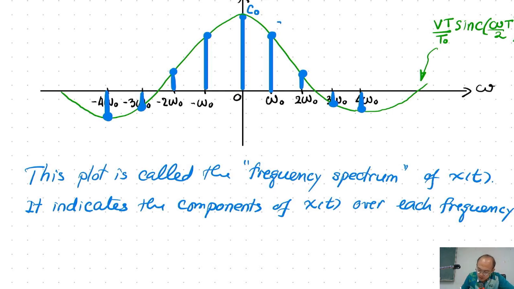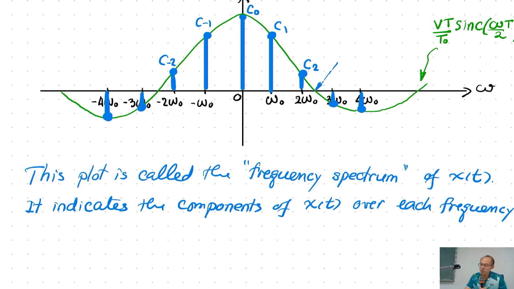So this is C1. This is C negative 1, C2, C negative 2. Oh, and the value here is the zero crossing.